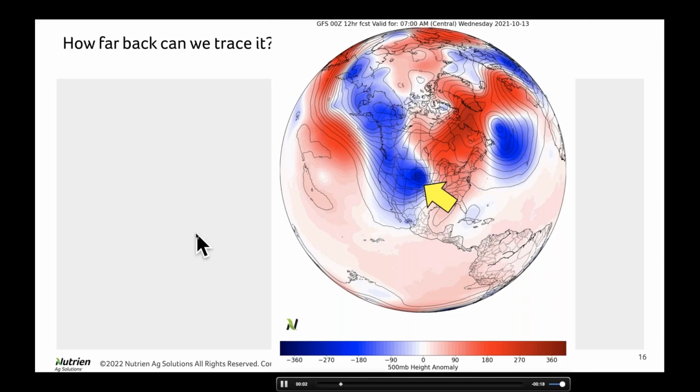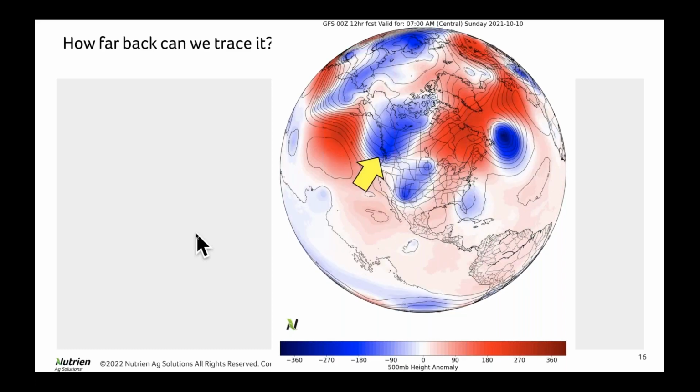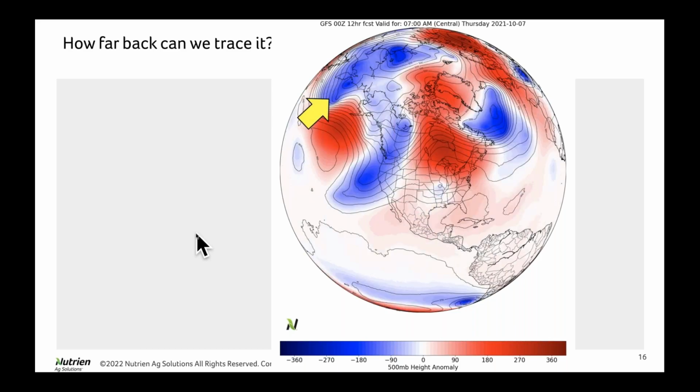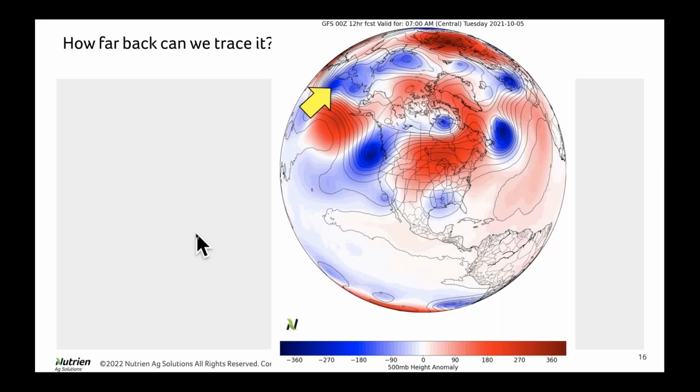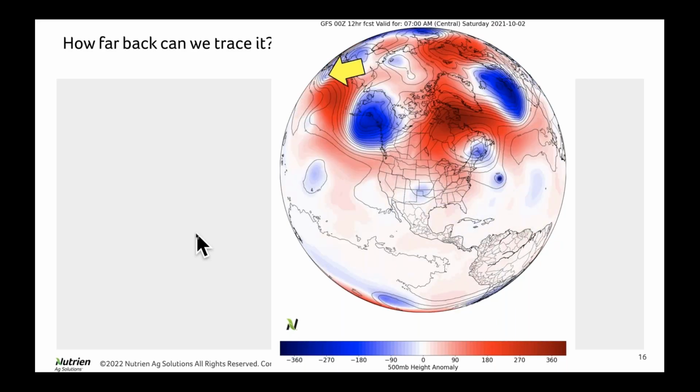We're going to go back 13 days to see where that little feature was, because it was over Alaska about a week before. And before that, it was sitting somewhere here in the North Pacific, about 10, maybe 11 or 12 days back. And it was this little tiny wiggle in the flow of the atmosphere north of Japan. Now, where was it before that? It was here, a typhoon just west of Japan.